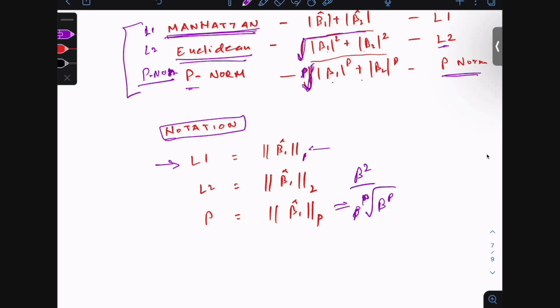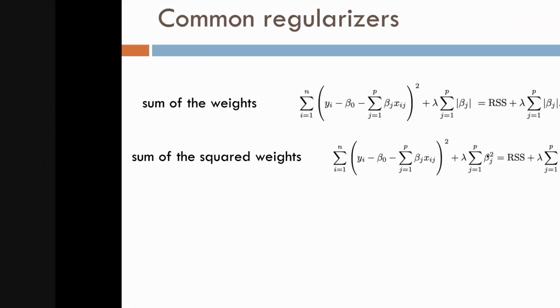This is the representation mathematicians have come up with. I do not know why, but you enclose it in 2 bars and write the p. So wherever you see a subscript 1 or 2, you will immediately understand this is the first norm or second norm, L1 norm or L2 norm. So this is on the norm side.